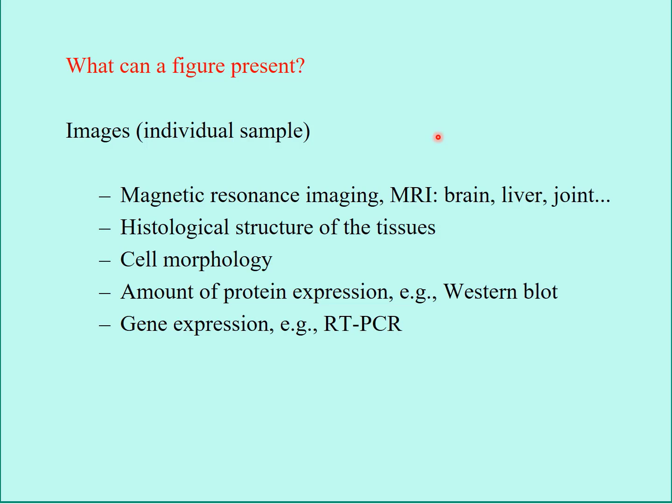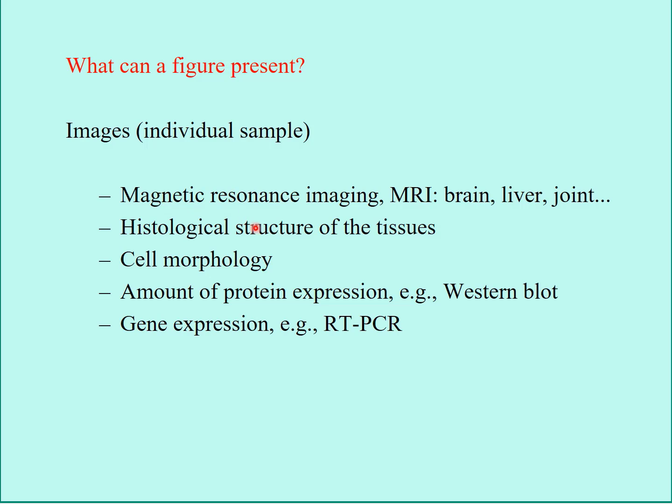This can be MRI, magnetic resonance imaging, produced images. For example, brain images, liver or joints, etc. Then you have the control group, a disease group, or a treatment group. Then you produce the images.